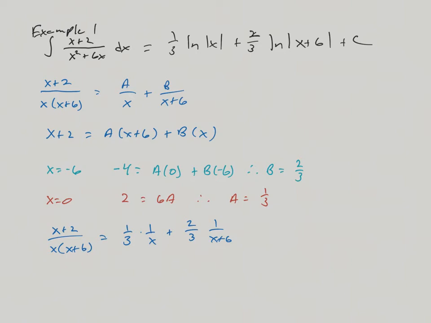If you did use the log properties, the result would be 1/3 times the natural log of the absolute value of x(x + 6)², plus C. And that 1/3, you could put as an exponent as well if you wanted to.